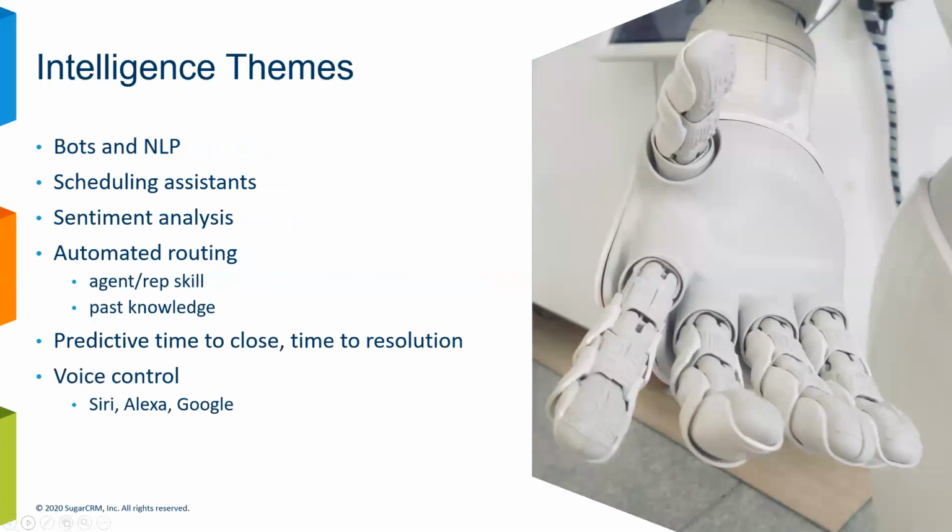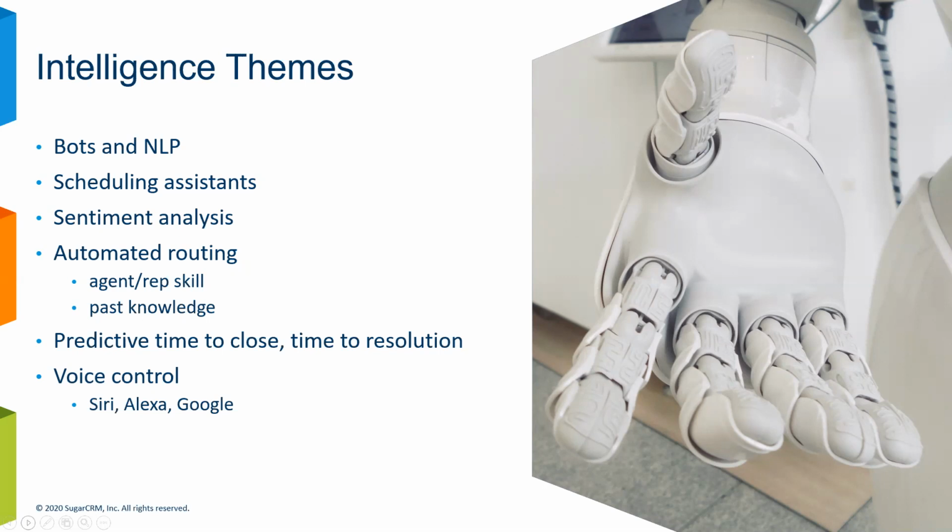Okay, and then finally, the last thing here is really around intelligence. I talked a bit about this before, but we're going to be expanding our use of advanced technologies, particularly in the AI and machine learning realm. But we're also looking at software robots, little software agents that automate particular tasks, as well as natural language processing to make it easier to communicate with the system without having to navigate a user interface.